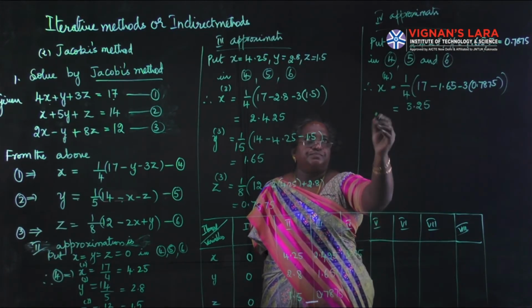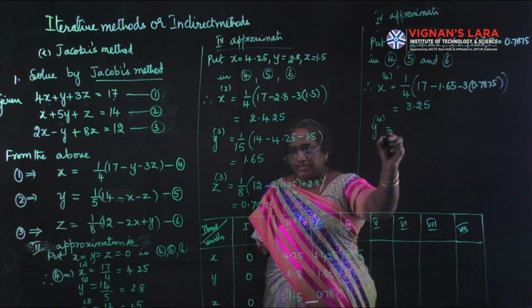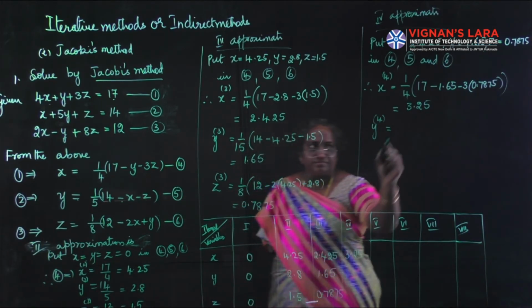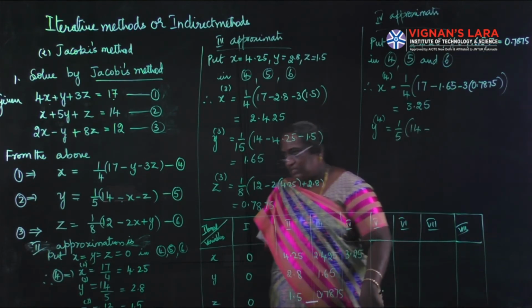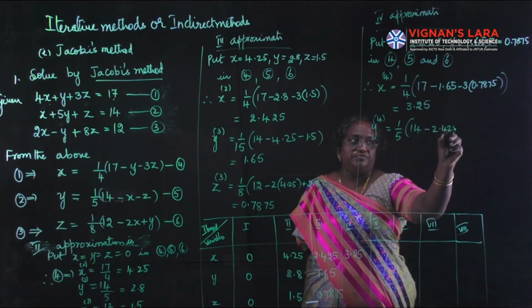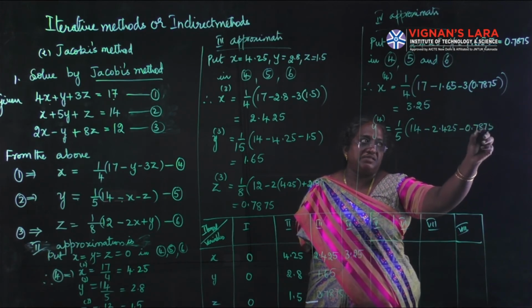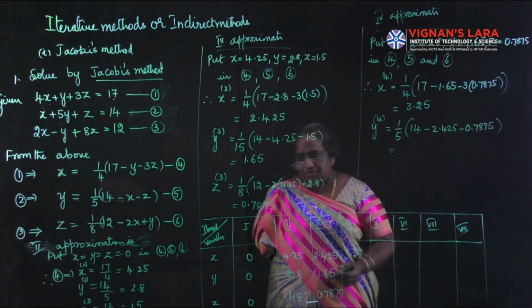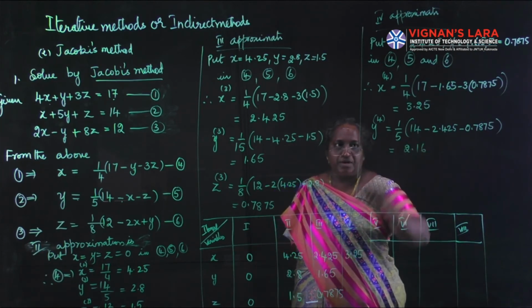Next, fourth approximation of y is 1 by 5 into 14 minus x minus z. x is 2.425, minus z, 0.7875. So this is equal to 2.16.